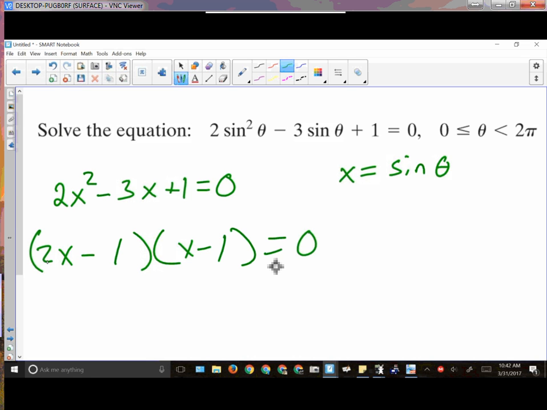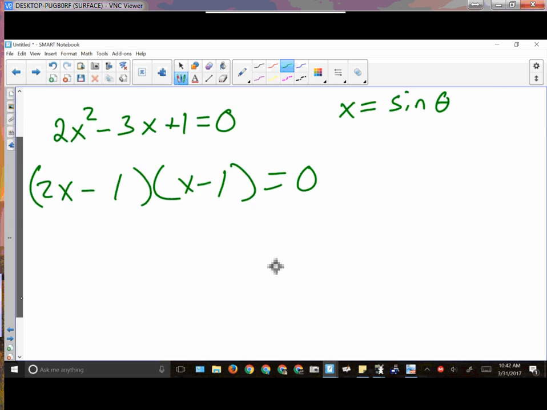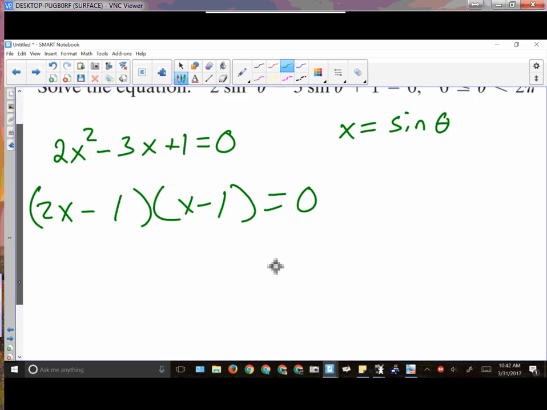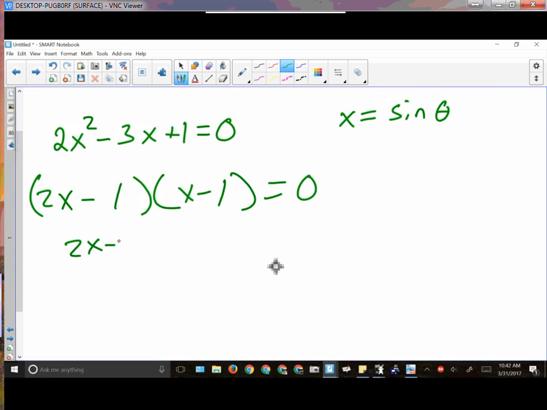Just double check. 2x squared minus 2x minus x gets us to the minus 3, and away we go. So now I can take this down to the next step that says 2x minus 1 is equal to 0, and x minus 1 is equal to 0. So here, x is equal to 1. Here, x is equal to 1/2, correct?